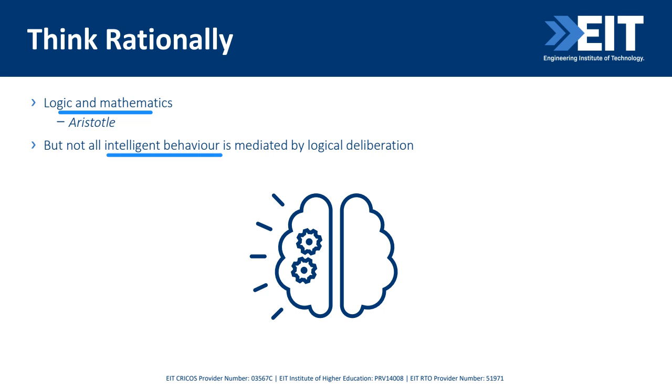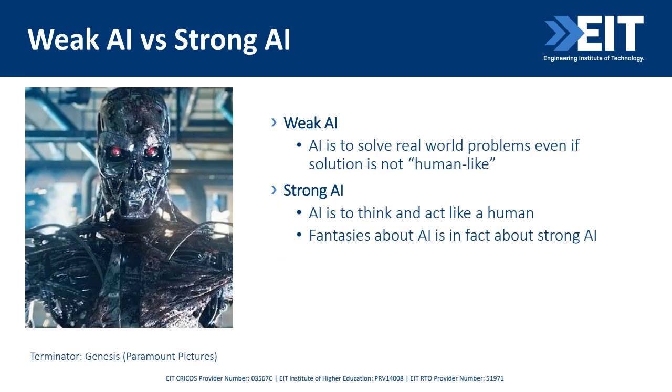Now, other terms also important to clarify about artificial intelligence is what's called weak AI and strong AI. Strong AI or AGI, artificial general intelligence. Now, weak AI is when we are developing systems that we can call intelligent systems according to any of these definitions that we saw before to solve specific problems.